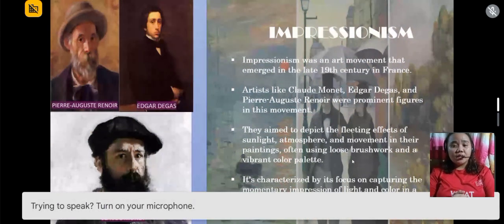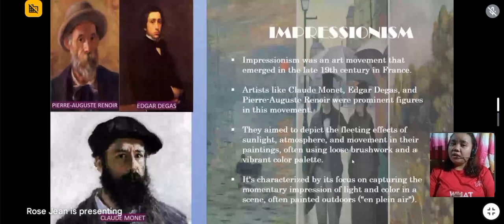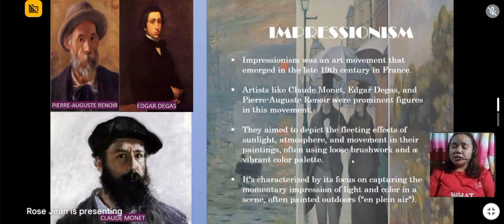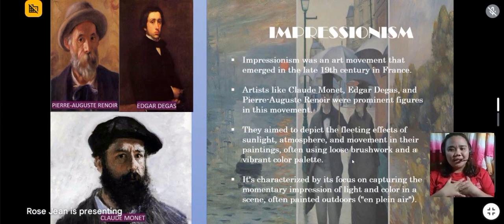Impressionism sought to capture the essence of a scene or moment, often emphasizing the play of light and its effect on the subject matter. Artists like Claude Monet, Pierre-Auguste Renoir, and Camille Pissarro, among others, were key figures in this movement.